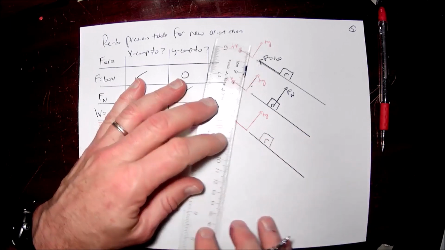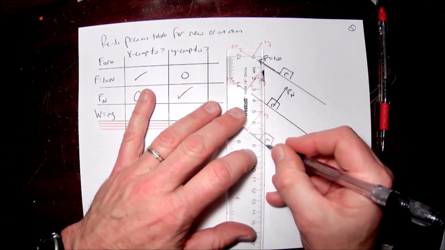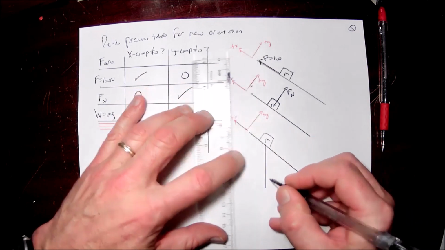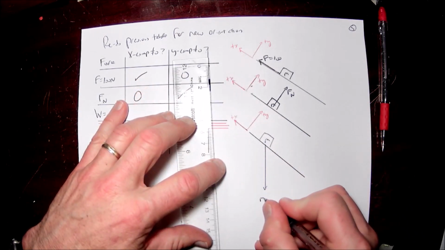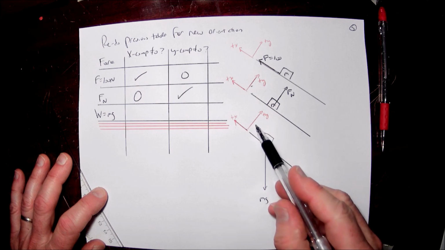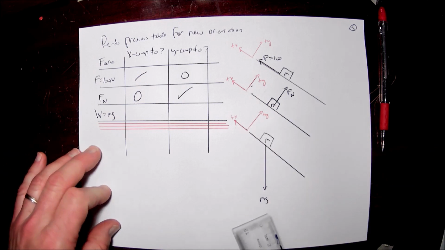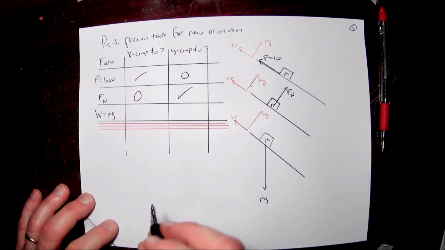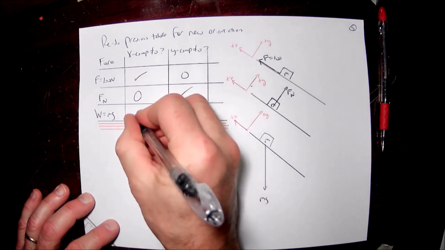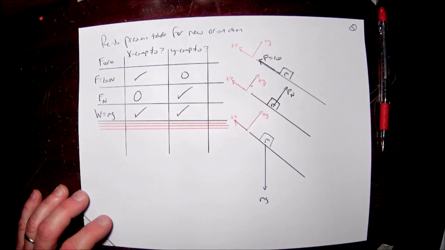Here's my mass. And here is my weight, mg. And mg is still vertical, that's fine, but it is no longer parallel to the y-axis. The y-axis points to some weird angle. So mg has an X component and it has a Y component.